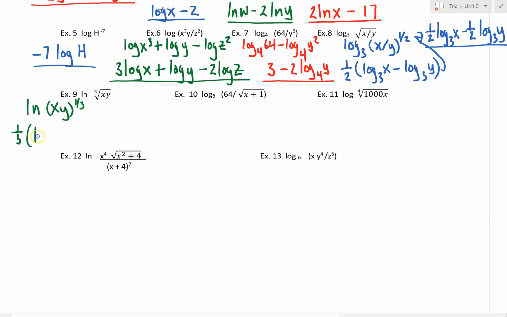And then this is going to say the natural log of x plus the natural log of y. Sorry, back here, I'm saying times when this is actually a plus. Hopefully you caught that right away. And then distribute. We're going to get 1/3 natural log of x plus 1/3 ln of y. This would be our answer simplified.